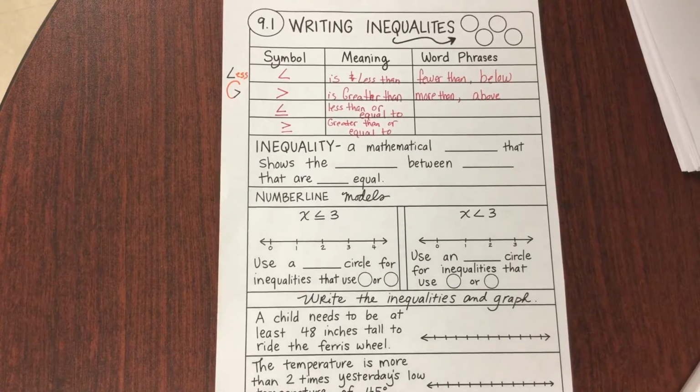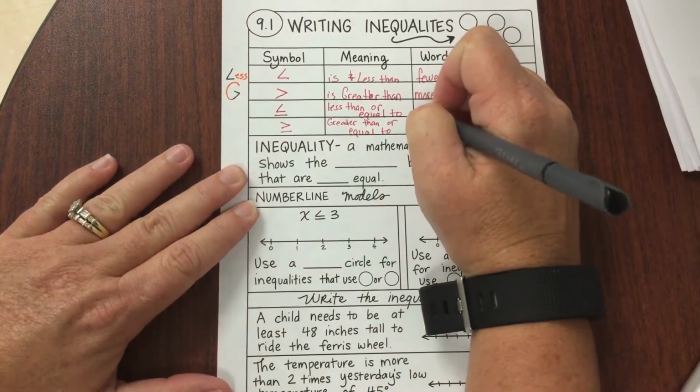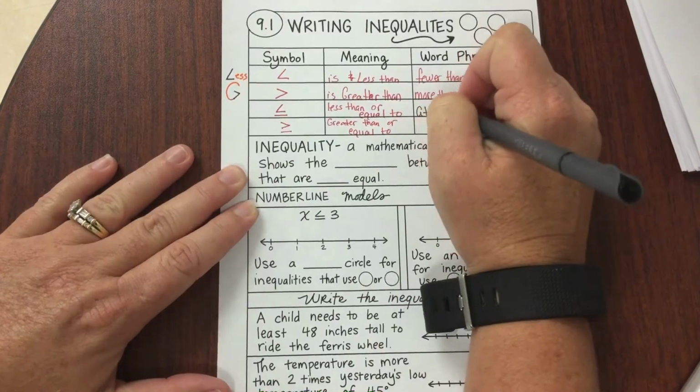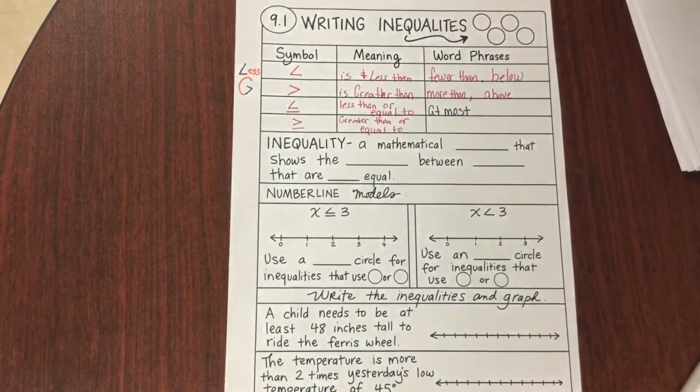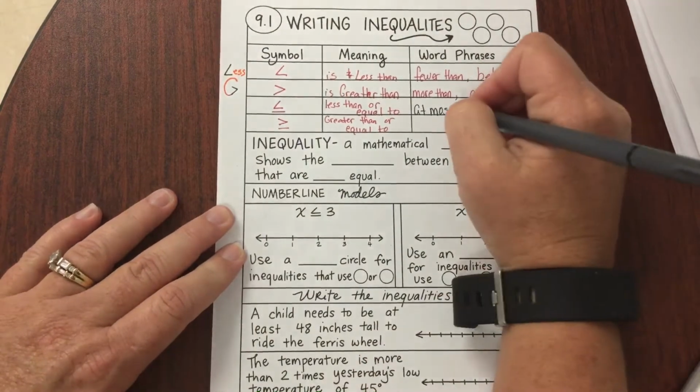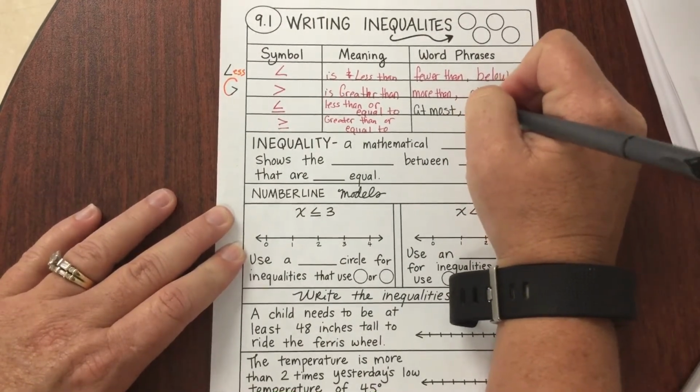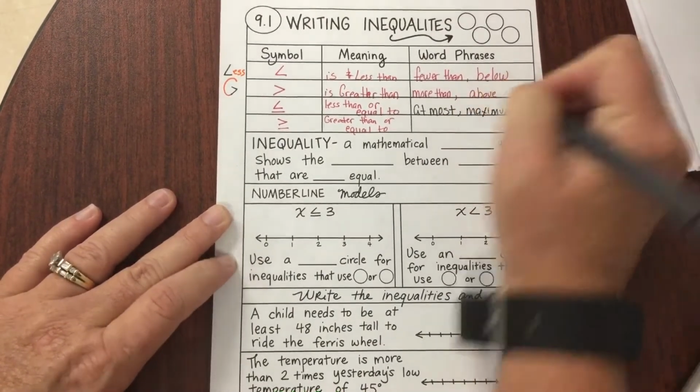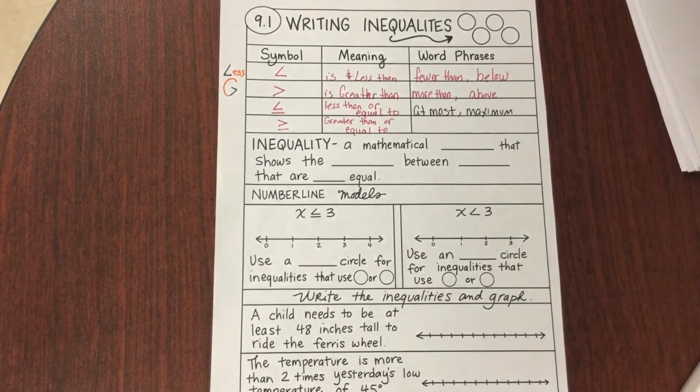So some keywords that help me know that it is less than or equal to would be at most, maximum, and I might have spelled maximum wrong, but I don't know. That's why I'm a math teacher.